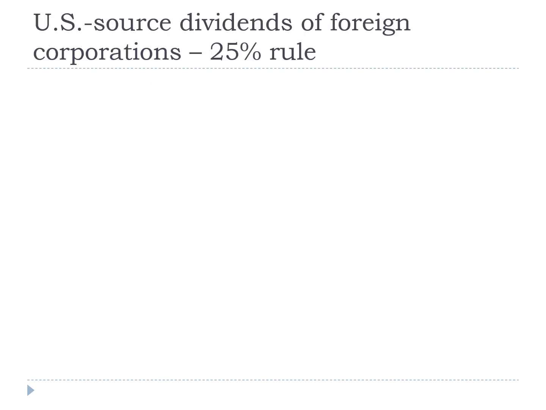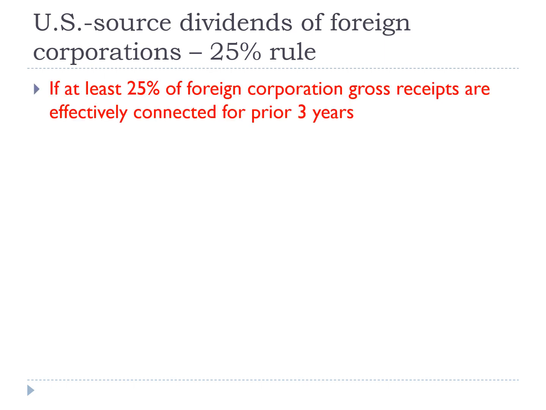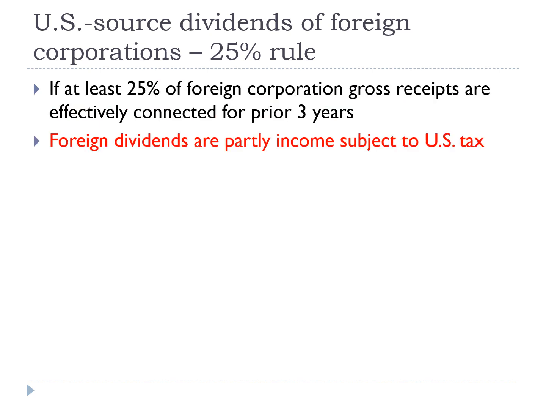As one of the few exceptions to the general rule, dividends from foreign corporations can be considered U.S. source income subject to tax and withholding if at least 25% of a foreign corporation's gross income is effectively connected for the 3-year period ending prior to the current taxable year. Then dividends paid in the current year are partly U.S. source income subject to 30% tax and withholding.